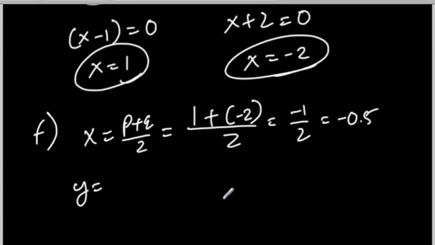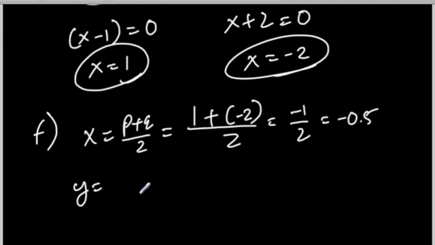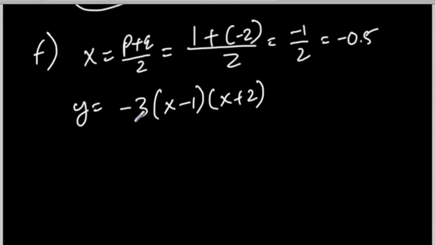For the y coordinate, let's just go back to the equation. So it was negative 3, x minus 1, x plus 2. And so all we have to do in order to find the y coordinate is take the x coordinate of the vertex and plug it in right here into these x's.